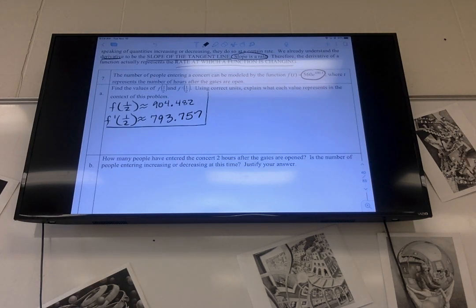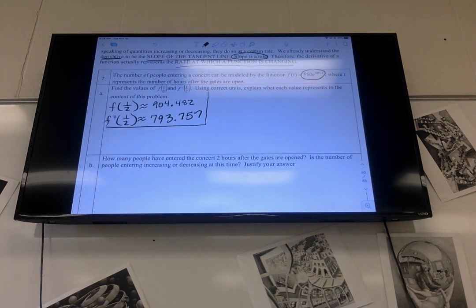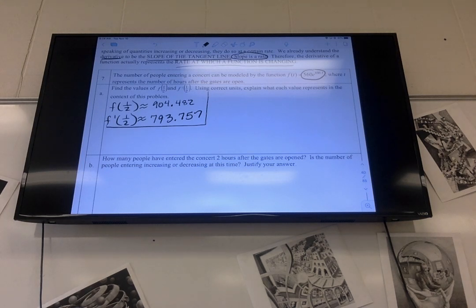Okay, so we found those things, and now it says, using correct units, explain what each value represents in the context of this problem. So f of 1/2, what does that 1/2, that t, represent? Hours after the gates are open.